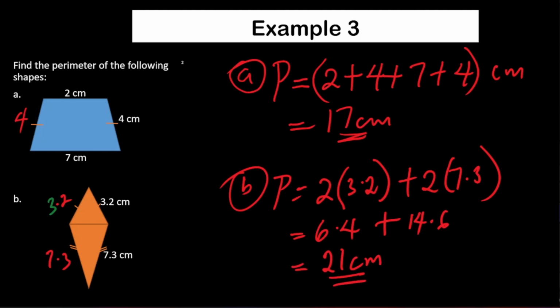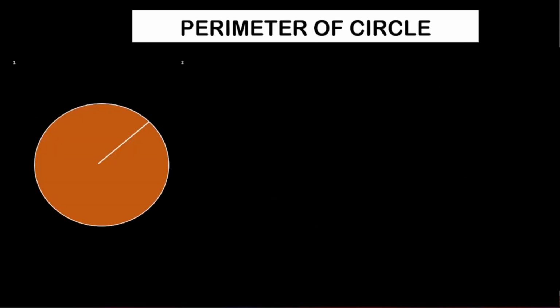So move to the next one, and look at circle, perimeter of a circle. So this is a circle. We want to find the perimeter of a circle. Now I've made it known to you that we've done properties of circles.